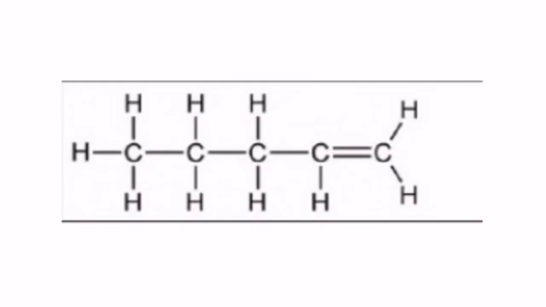And this is a straight chain, then the double bond is on the first carbon. Then there's no branch here. How many carbon atoms do we have? We have 1, 2, 3, 4, 5. Therefore, the prefix is going to be pent. There's no branch. All of the 3 rules are followed. You cannot know how to name these compounds without following those 3 rules.